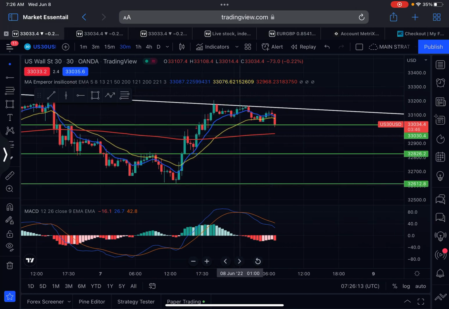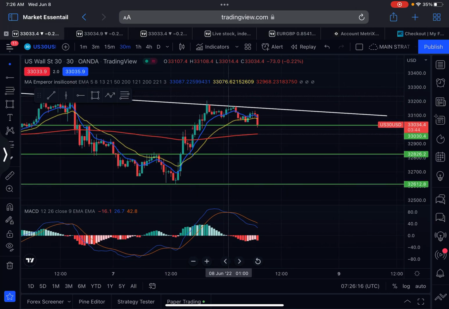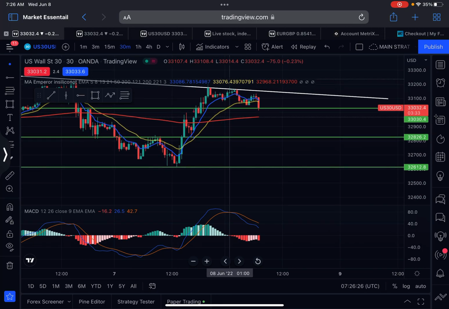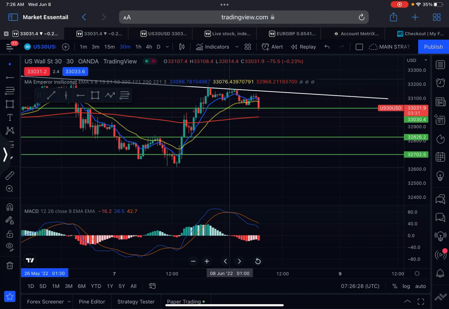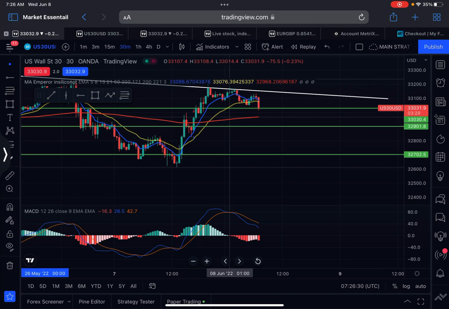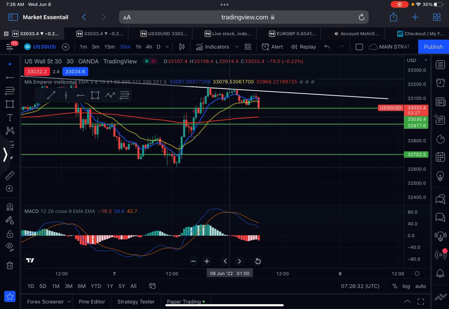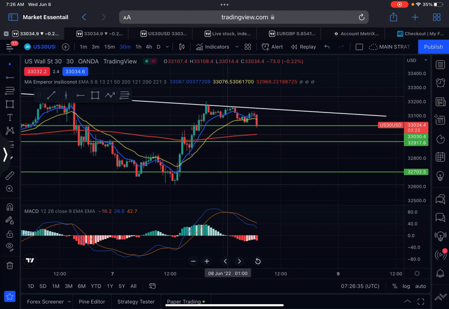So we got our market structure, we got where we want to place our trades to the downside, and we got these support and resistance areas where I like to take profit usually, or supply and demand zones actually. I like to take my profit on supply and demand zones. So it'd be like something like that. Alright. And then the support and resistance, you can use those as guidelines for potential reversals, okay?